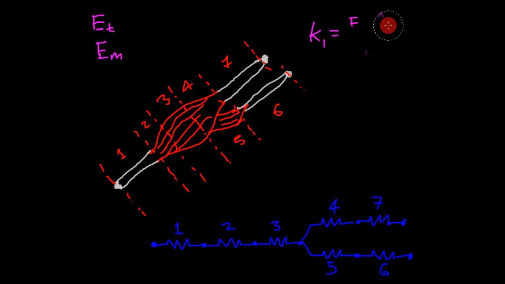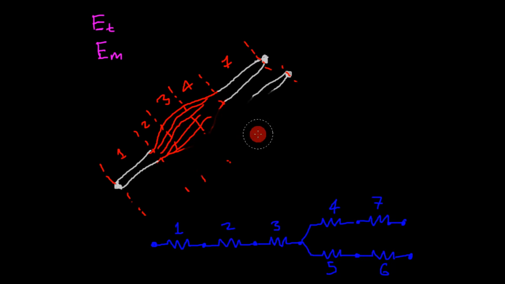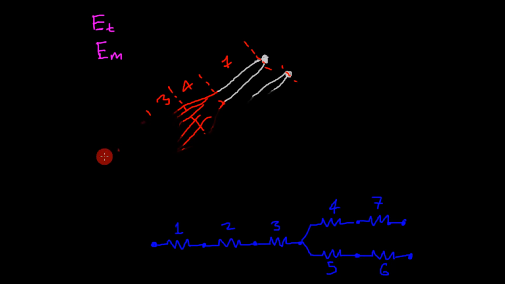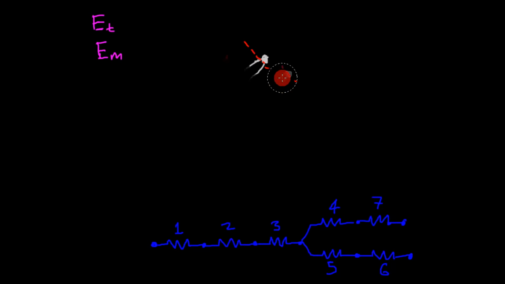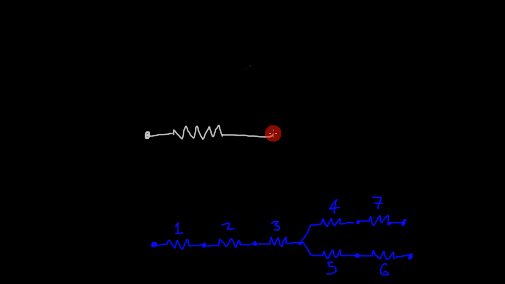Now it would be difficult to calculate the lengths, displacements, and forces of each of the sections separately. So to simplify this network, we could use a single spring here that covers all of 1, 2, and 3.